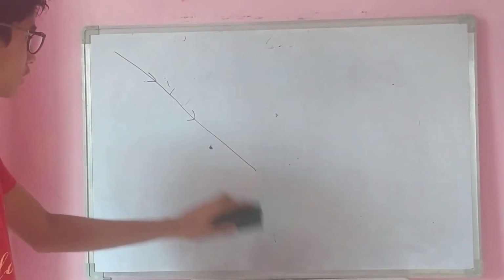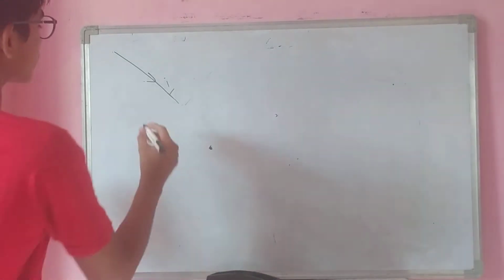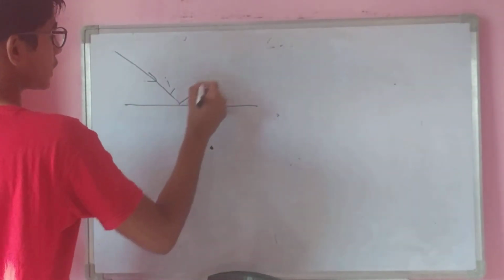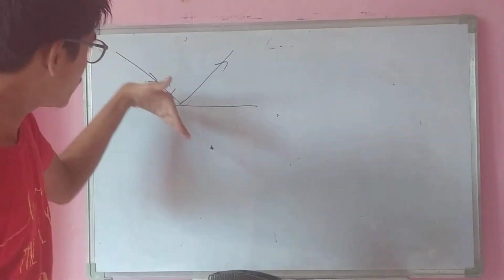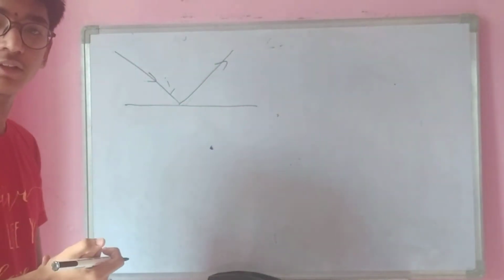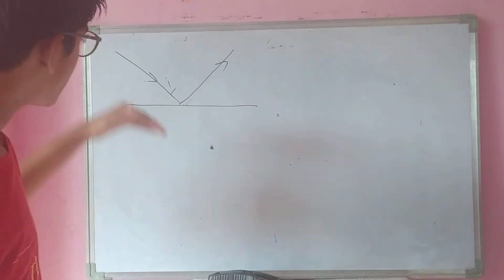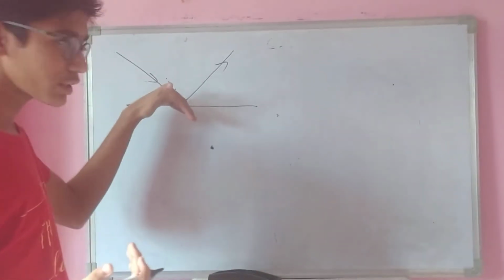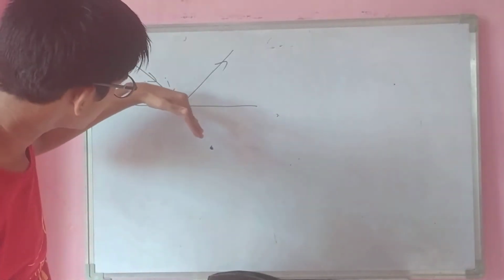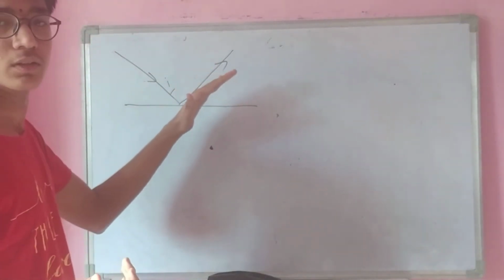Due to this plane mirror, the incident ray got reflected. It got deviated, it got changed from its path. Simply to say, the incident ray, due to this plane mirror, got a change in its path.